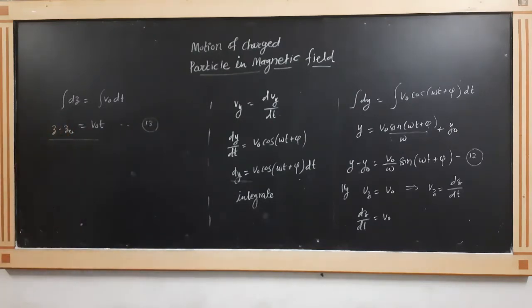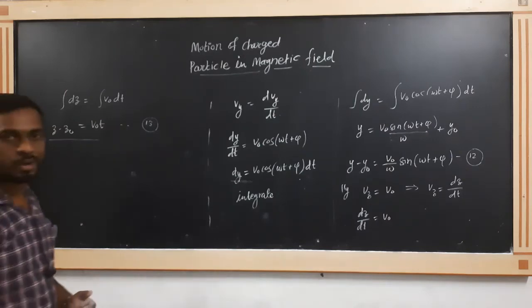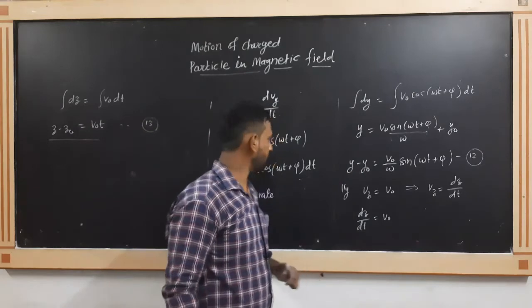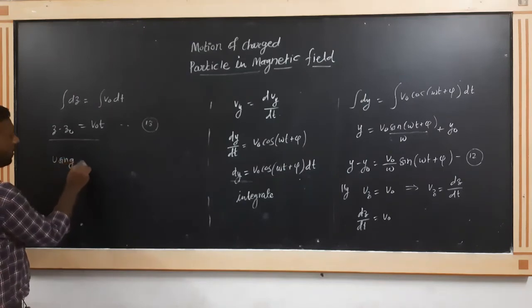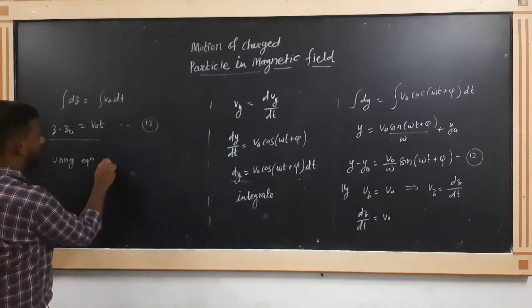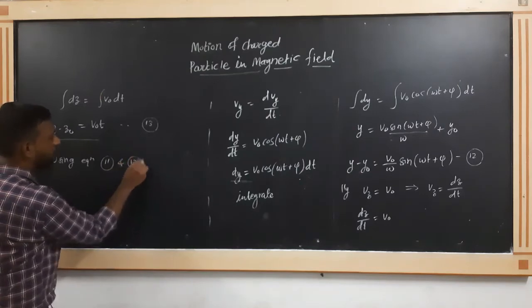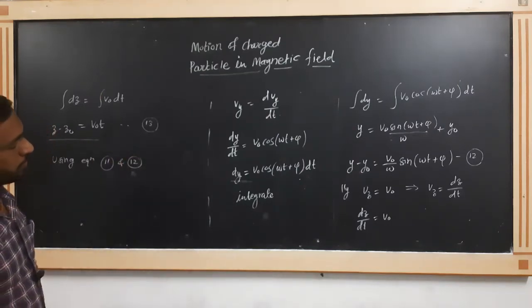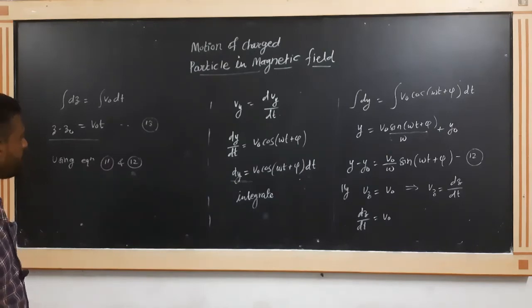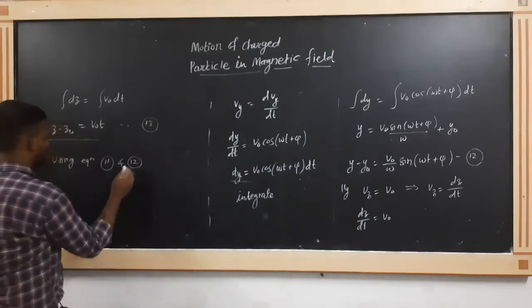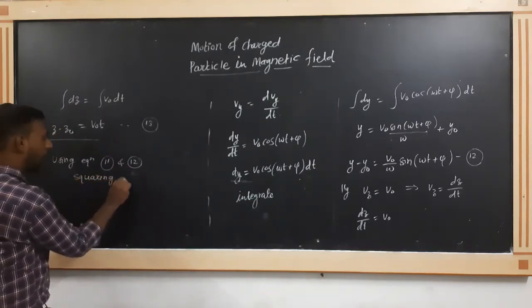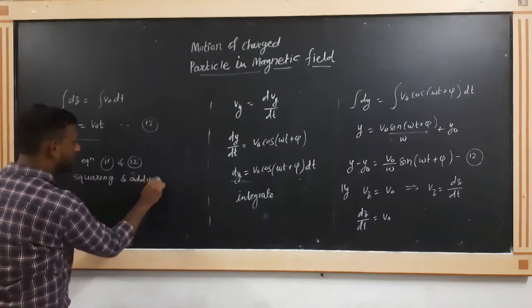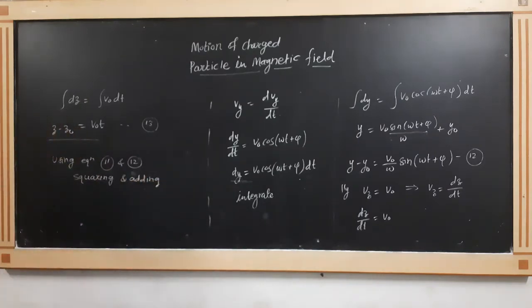So we have the position or the displacement of the charged particle along the x, y and z directions. Now combining equations 11 and 12, we square both sides and add. Square the RHS of those equations and add them.